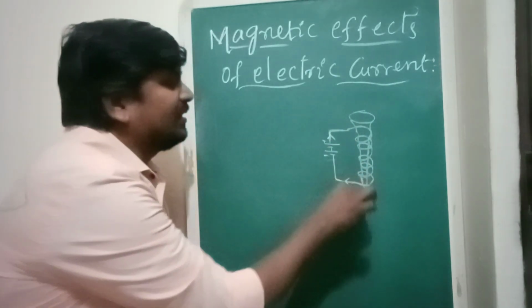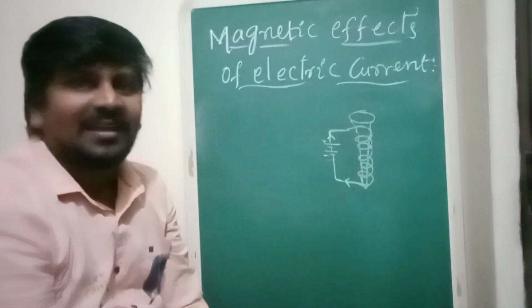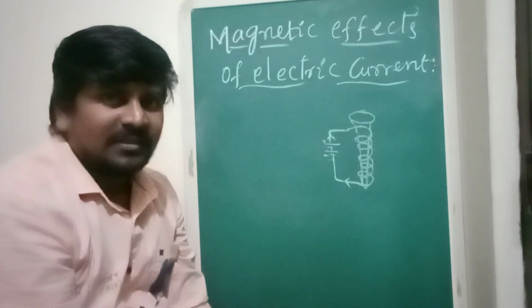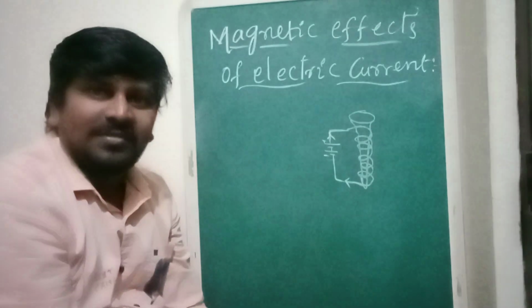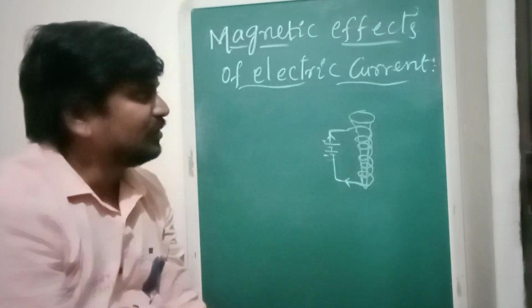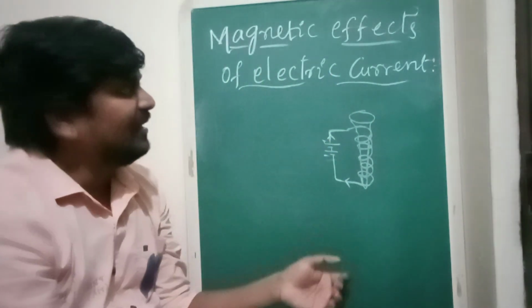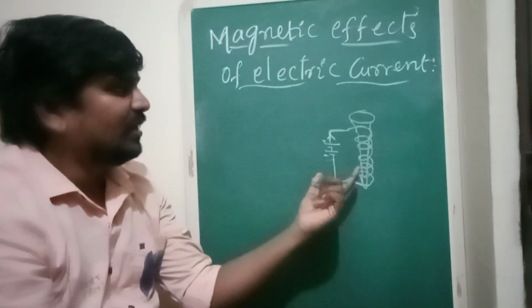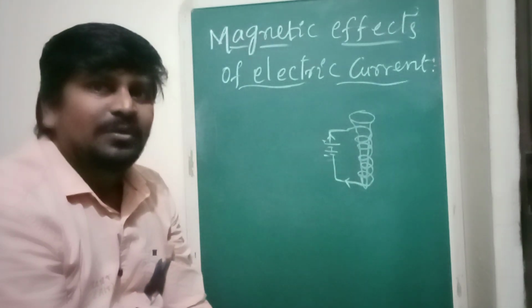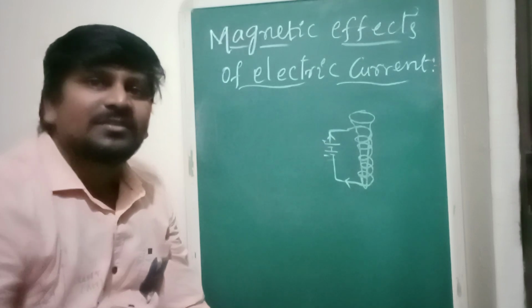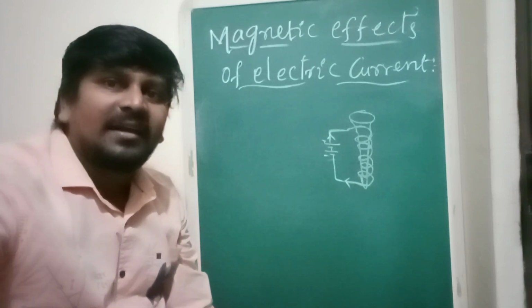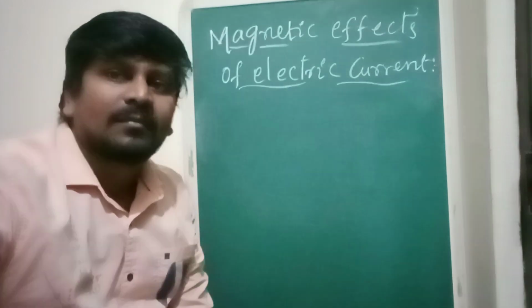So it acts as a magnet. That is the meaning of the magnetic effect of electric current. By sending the current through the conductor, we produce a magnetic field. So that is about the magnetic effects of electric current.